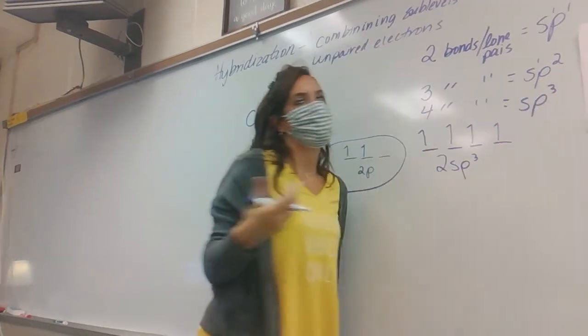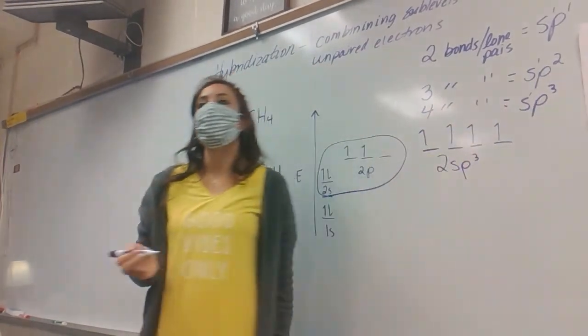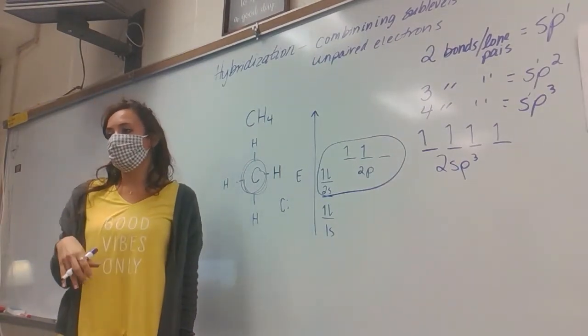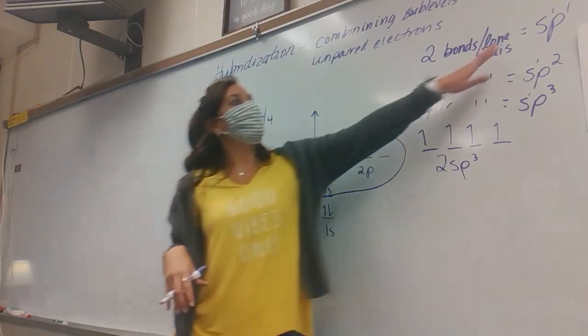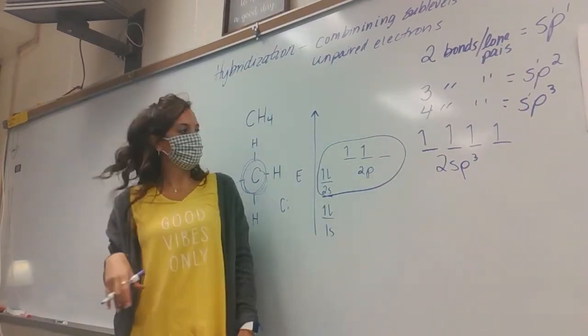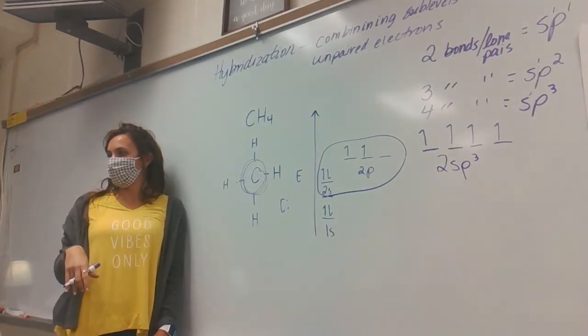There are others. If you take more chemistry in college, you will learn about other hybridizations. But in AP chemistry, the only ones you need to know are sp, sp2, and sp3. Okay? And you count them.